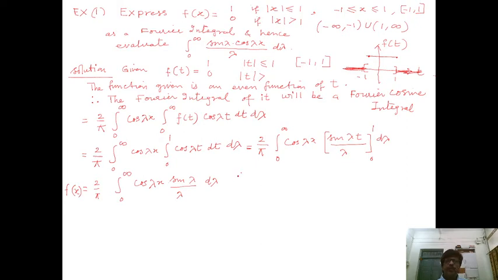Therefore, from this, integral 0 to infinity of sine of lambda cos of lambda x upon lambda d lambda is equal to pi by 2 times f of, we have considered the function as a function of t, so it should be t here.